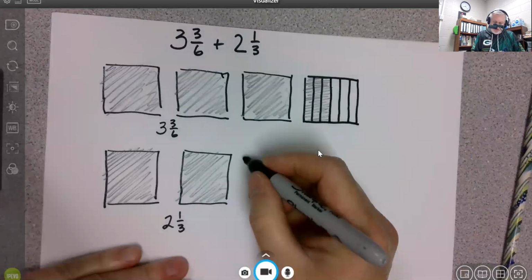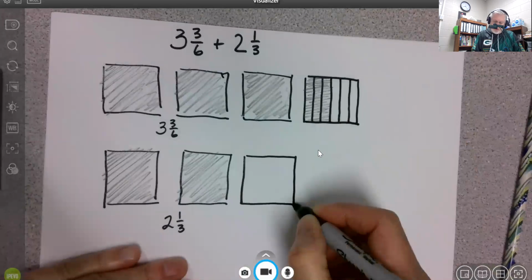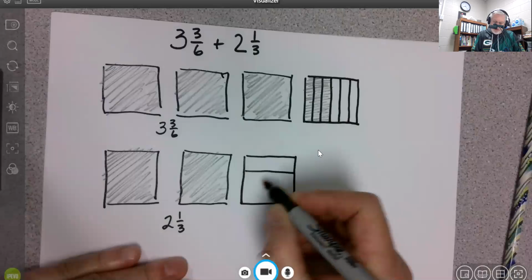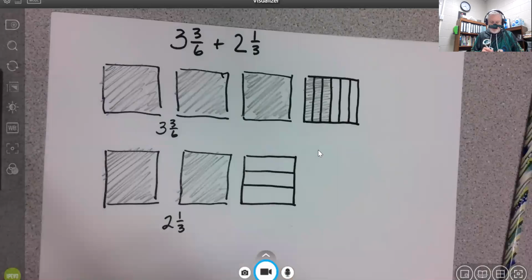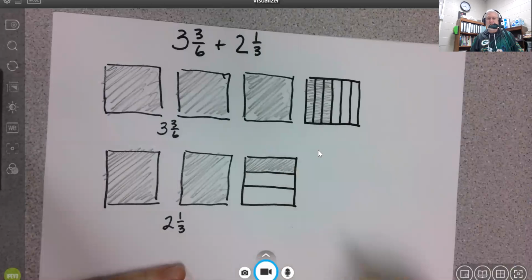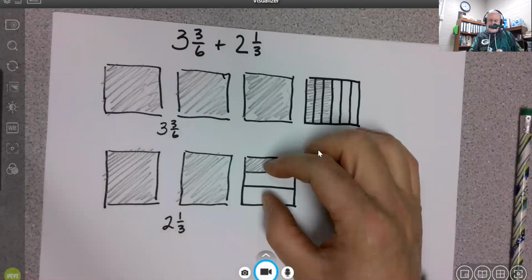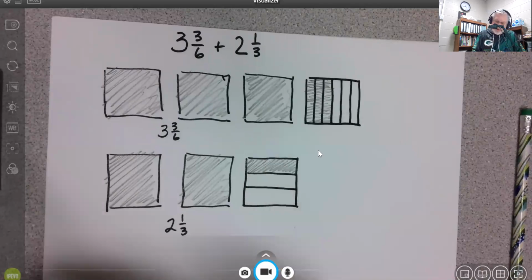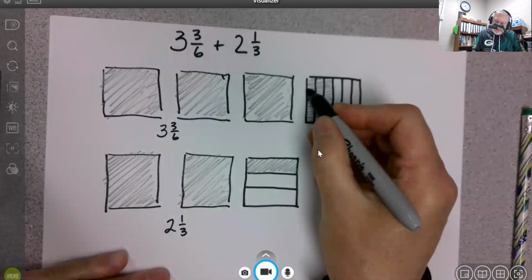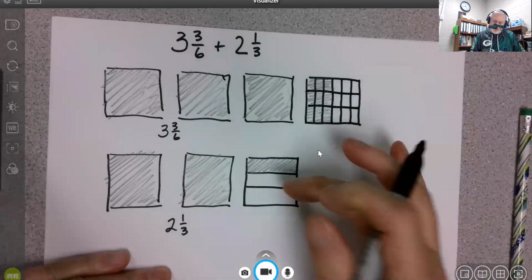Now down on the bottom, I have 1/3. And I want to do horizontal. So that would be into thirds. And I want to shade 1 part because it says 1/3. I want to take the horizontal lines and put them on top of the vertical lines. And my vertical lines I want to put on top of my horizontal.